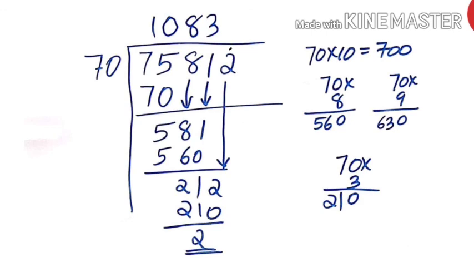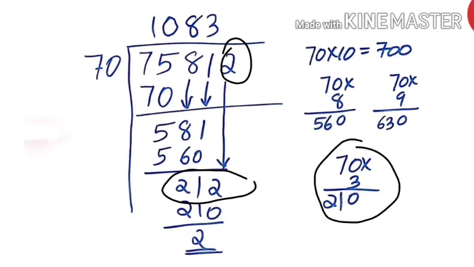Now bring this 2 down. That is 212. How many 70s are there in 212? We know 70 into 1 is 70. 70 into 2 is 140. So let's check with 70 into 3. It's 210.